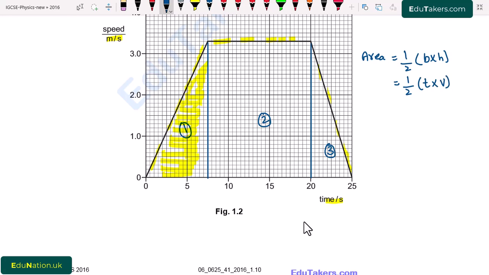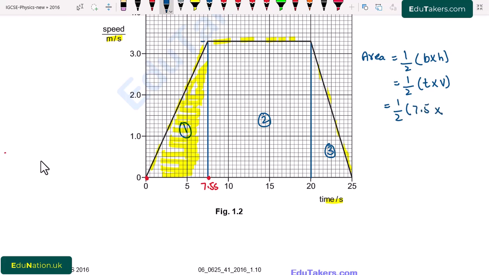So first of all, here time is 0 second, and at this point time is 7.5 second. So the difference of time is basically 7.5 second. So I write here 1 over 2, time is 7.5, multiplied by speed.